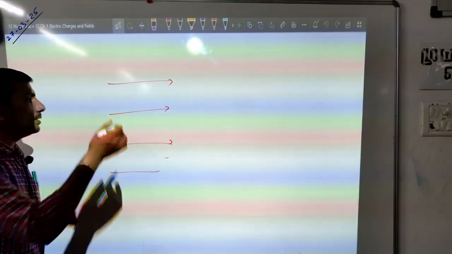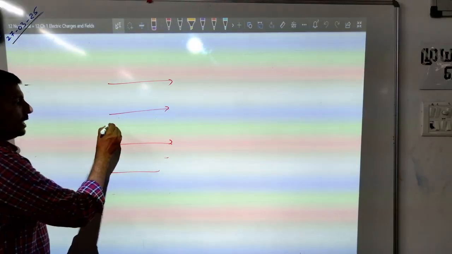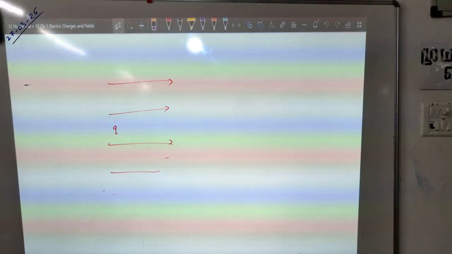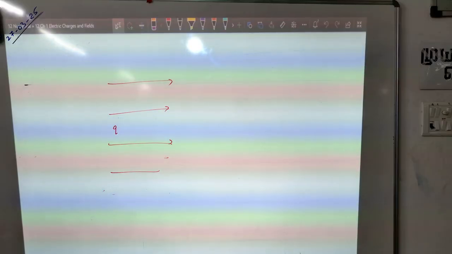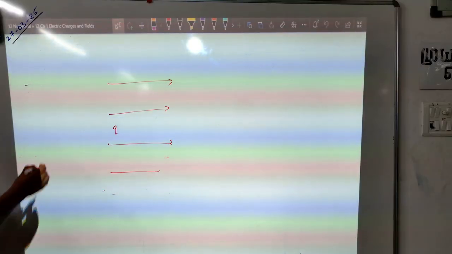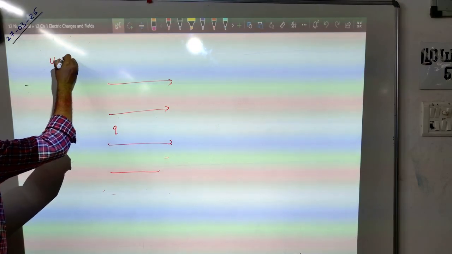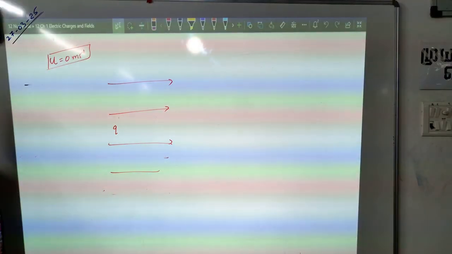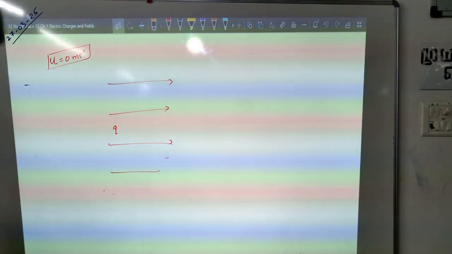Right? In this electric field, I keep a charge. Remember, I keep a charge. That means the initial velocity of the charge is equal to 0 meter per second. Initial velocity of the charge is equal to how much?